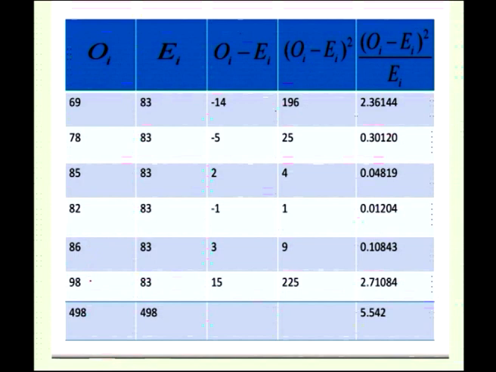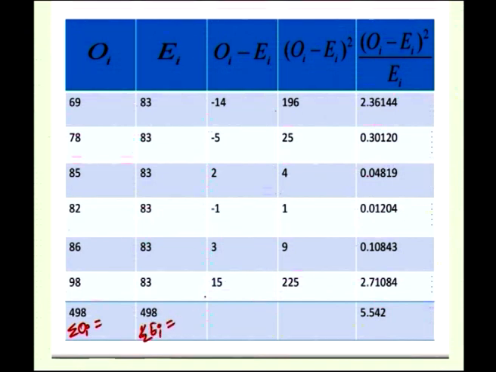These are the values given in the question, that is OI values. Then its summation is 498, and each EI we have just calculated, that is 498 divided by 6, gives you equally distributed 83 for the 6 categories. This is your summation EI, which gives you 498.